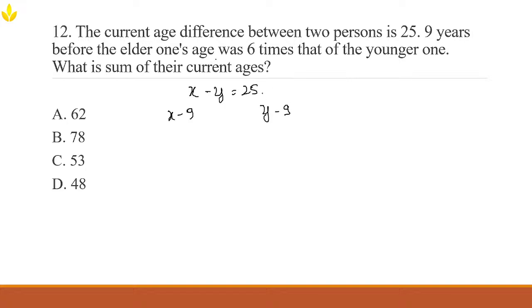Elder one's age was 6 times that of the younger one. So x minus 9, if we take it as the elder one, is equal to 6 times the younger one's age.